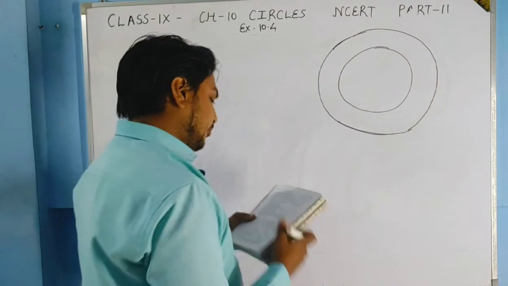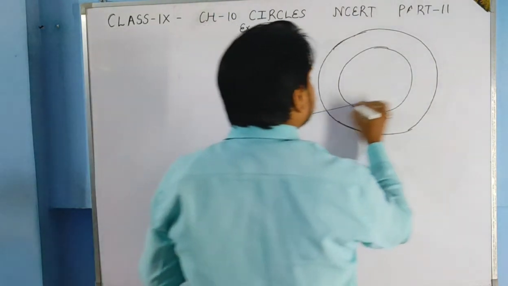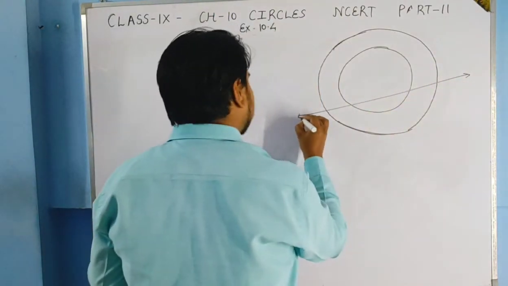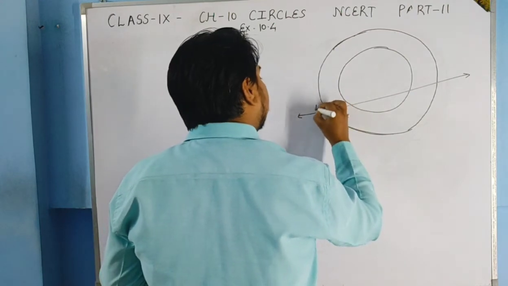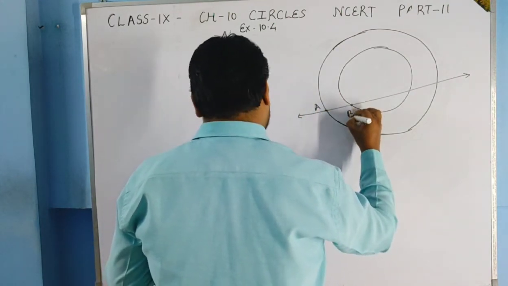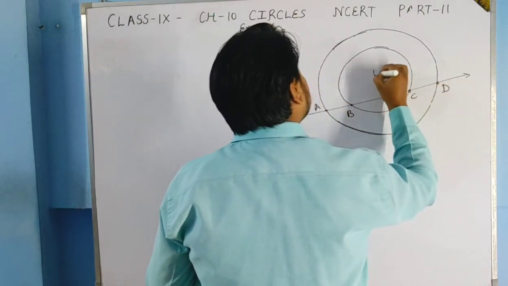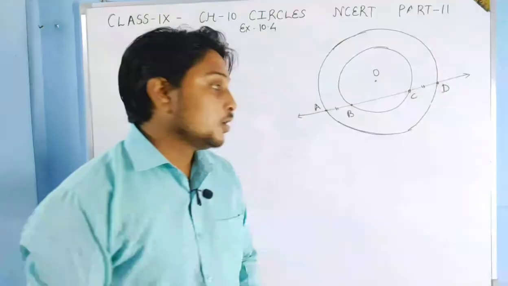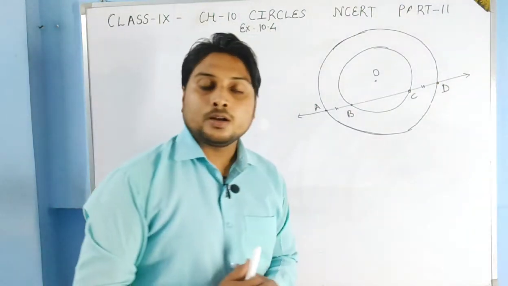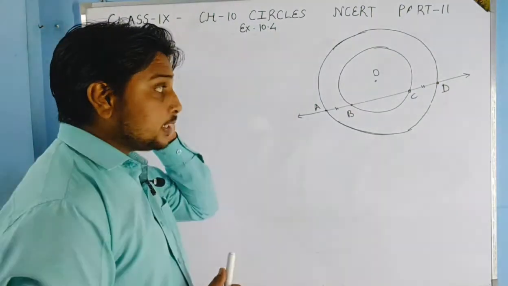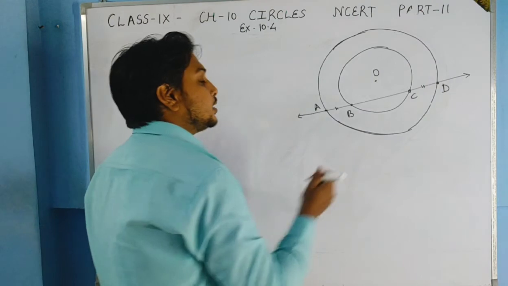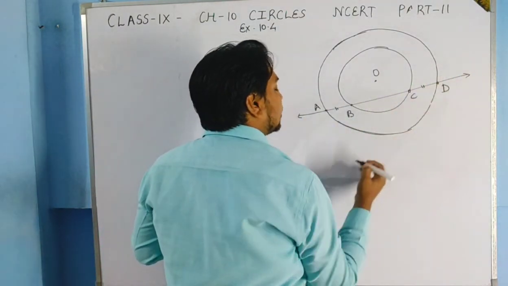So see, students, the figure is given like this. This is point A, this is point B, this is point C and this is point D, and here is the center. So see, students, how we can prove it. Here you can see that a center is there and one line is here.